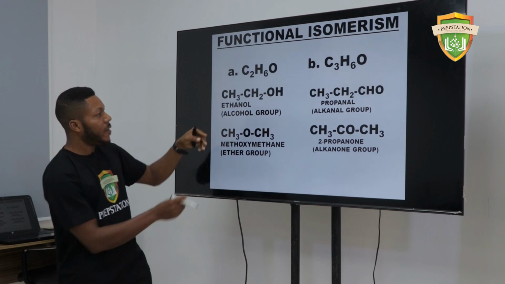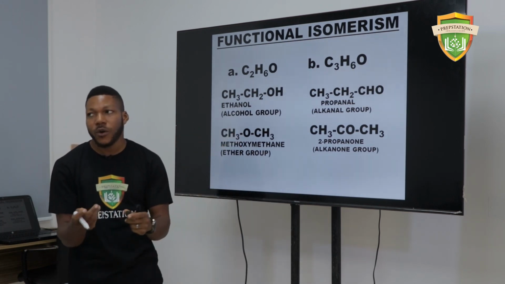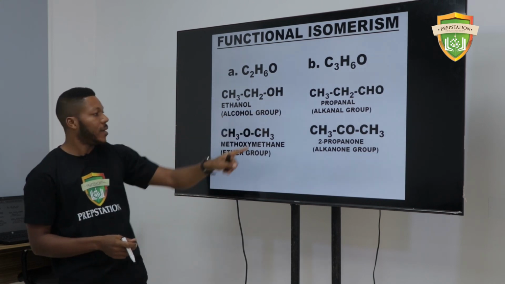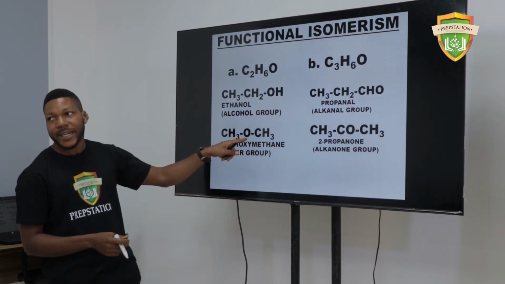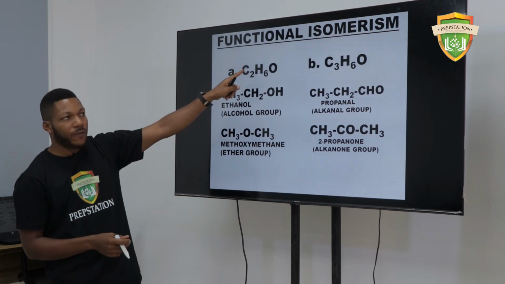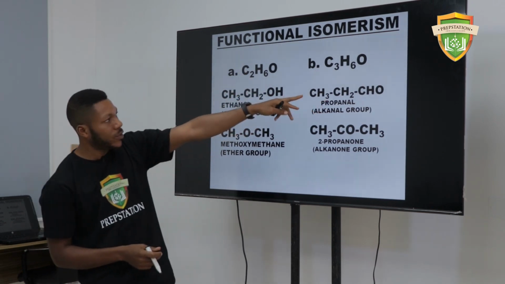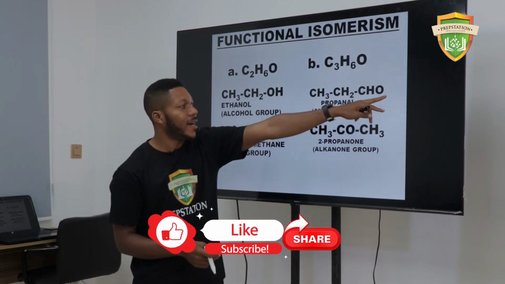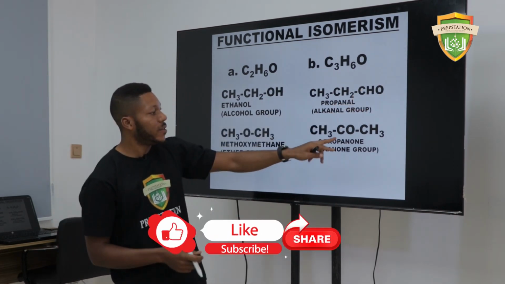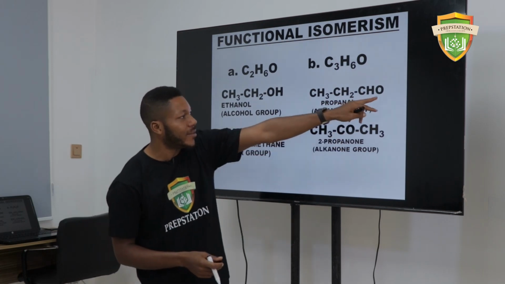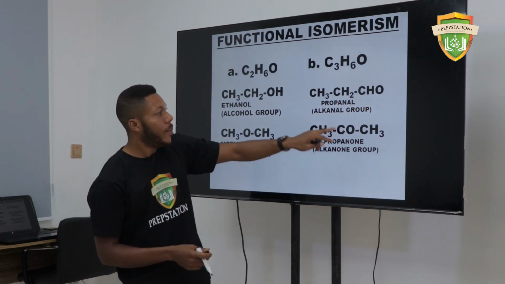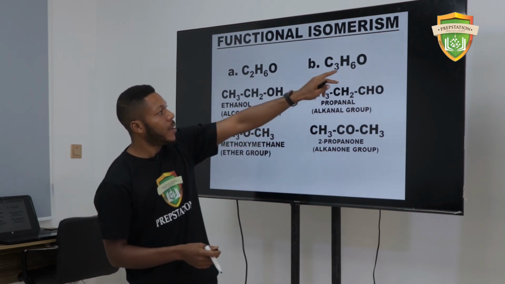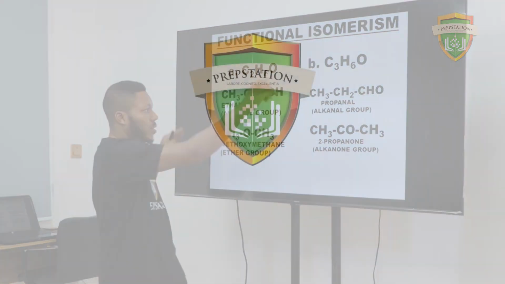You can see the difference is in the functional group. OH is an alkanol, whereas O is an ether, but the same molecular formula. The same thing applies to C3H6O. We have an alkanol and an alkanone: propanol and also 2-propanone. From where? The same molecular formula, but different structures.